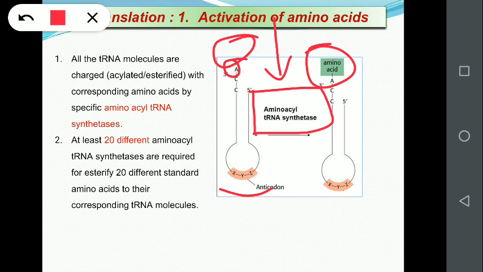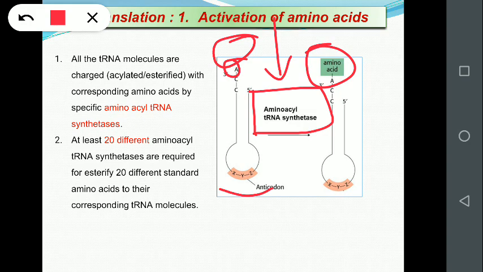That is why, to establish the genetic code, aminoacyl tRNA synthetase is very important. So it is also known as the second genetic code. The genetic code is established by the aminoacyl tRNA synthetase, which interacts with the tRNA and its specific amino acid. Specificity is the property of aminoacyl tRNA synthetase.